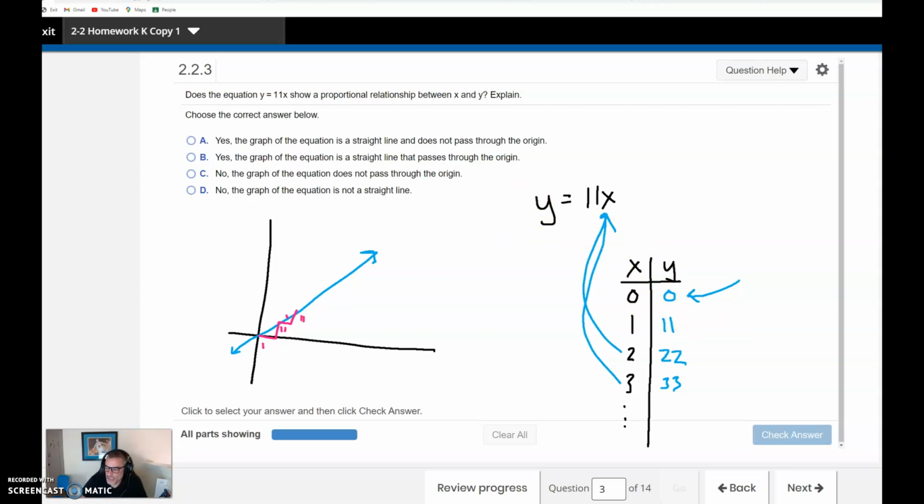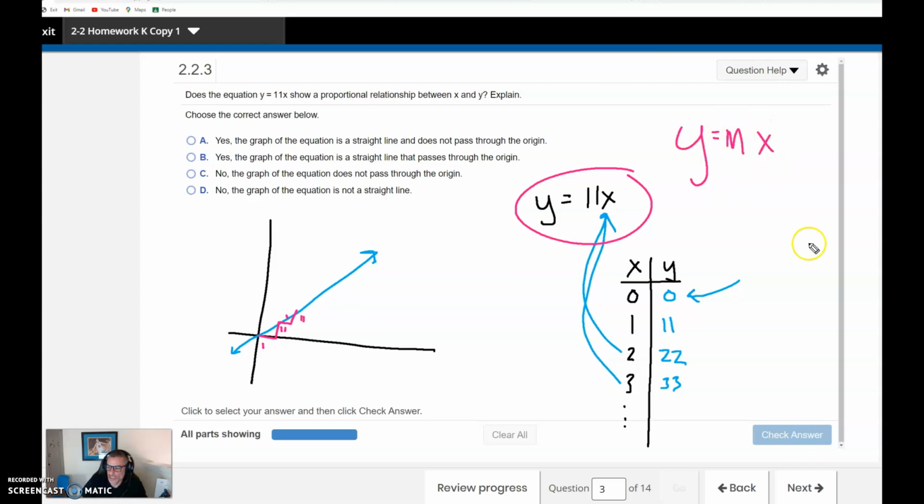The easiest way to think about this is any equation that is written in this form, where y is equal to, and I'm going to use the letter m here for our constant of proportionality.